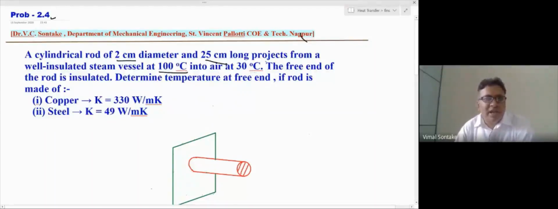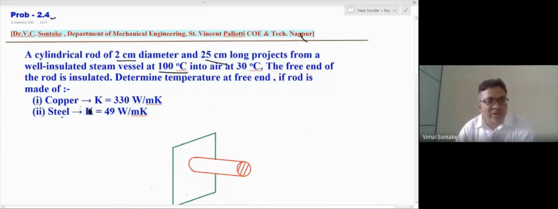The free end of the rod is insulated. Determine temperature at free end if rod is made of copper having k value 330 watt per meter Kelvin, and if it is made of steel having k value 49 watt per meter Kelvin.